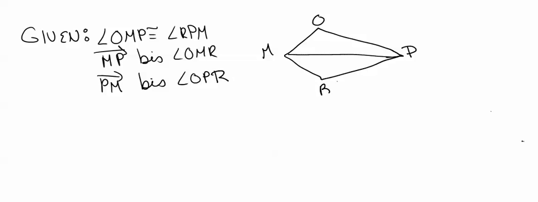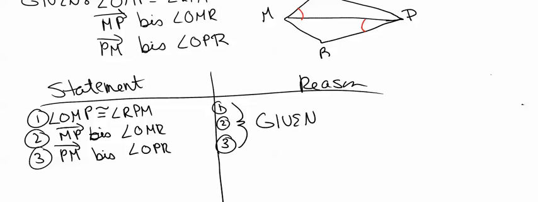We can label the following diagrams based on the given, OMP congruent to RPM, and then we can start our proof. We can start our proof with the three givens, and again, the reasoning being simply that they were given in the beginning of the statement.